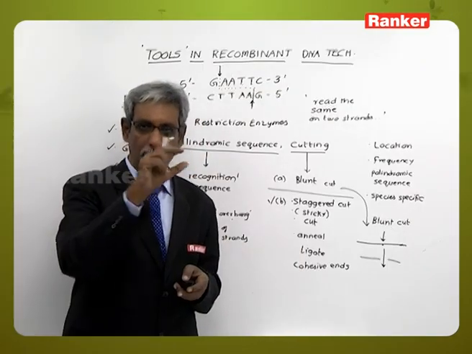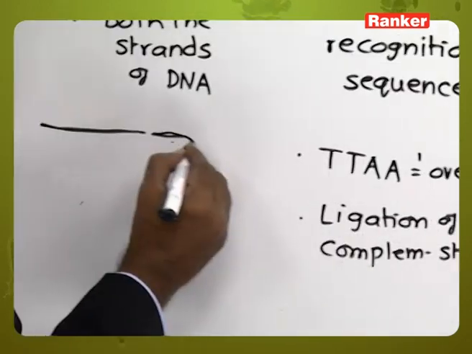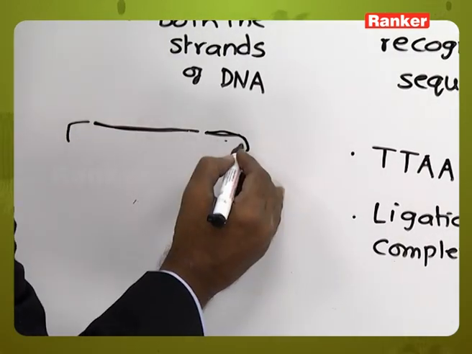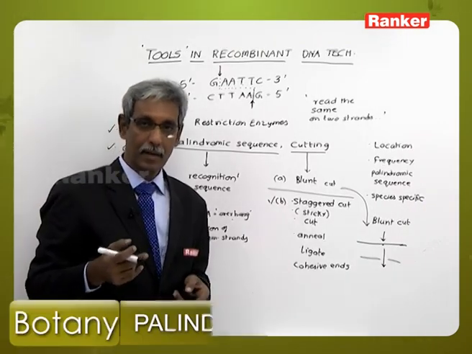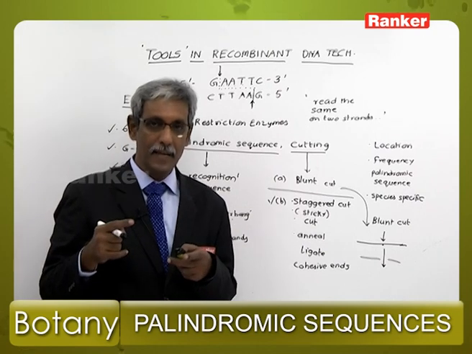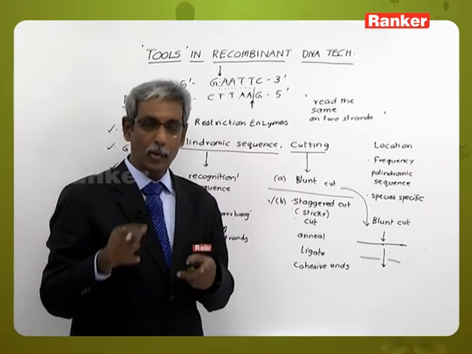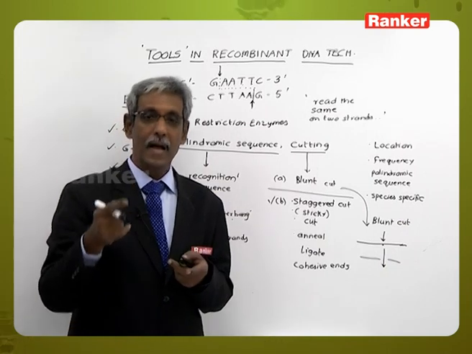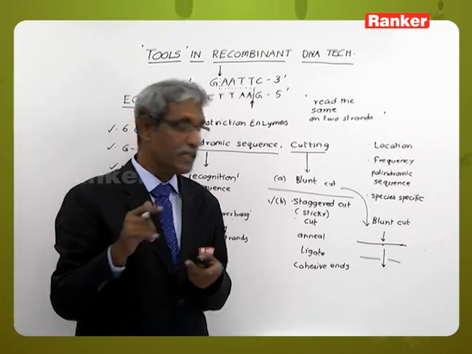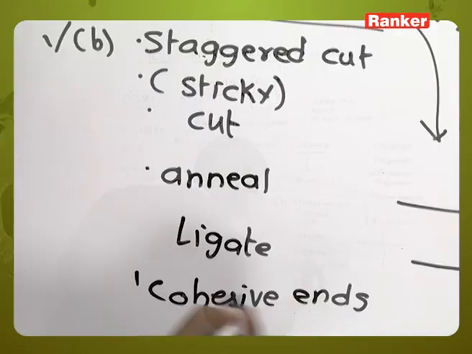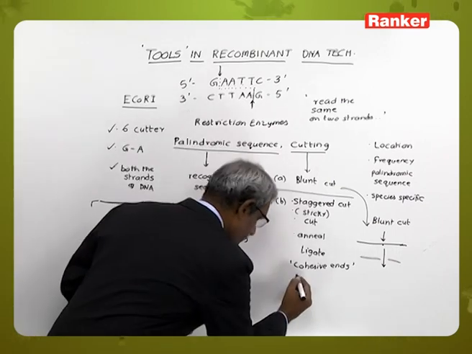So when your DNA piece has an overhang, these overhangs are like adhesive tapes, and they can anneal, they can rejoin. Because they are gum-like, they can anneal and form rounded molecules, and this is because of the presence of cohesive ends. The meaning of the term cohesive ends is joining ends.